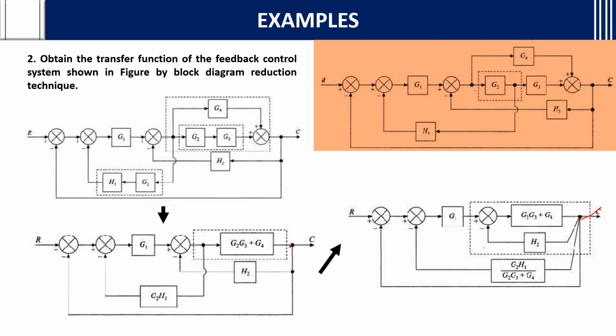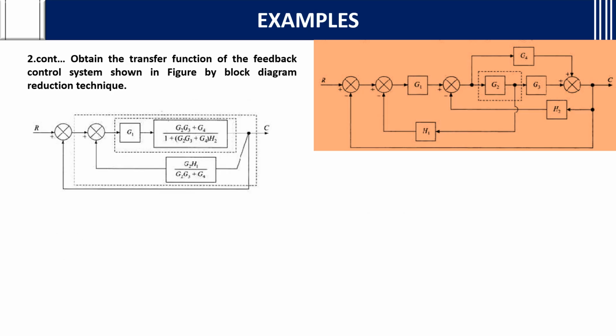We will see the next step. So you got the transfer function from the previous: G2 G3 plus G4 by 1 plus G2 G3 plus G4 H2. Why? Because this is the G present, and 1 plus this G, G2 G3 plus G4 and H2. Then this whole diagram is in cascade with G1, so you can multiply with them.